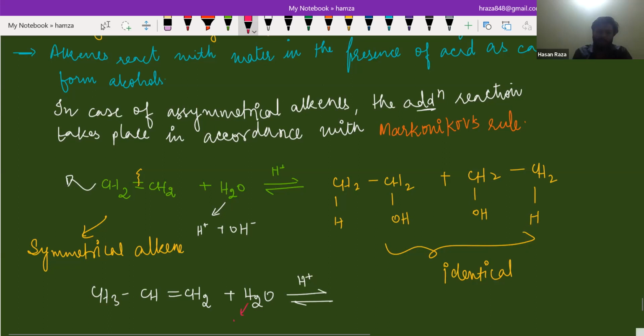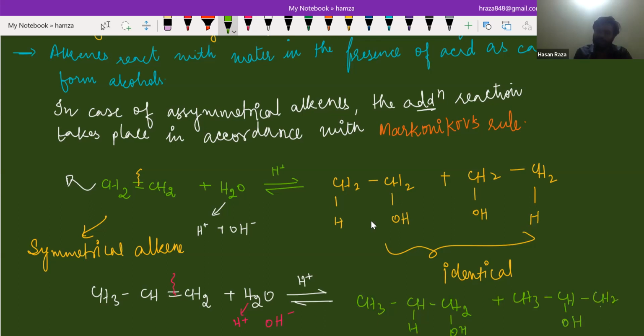So this will have two parts, H plus and OH minus, and one of the bonds will break in order to add new compounds. So you can see CH3, CH, and hydrogen can be added here, and you will get CH2OH here, or you can add CH3, then CH, then OH here, and then CH2H.